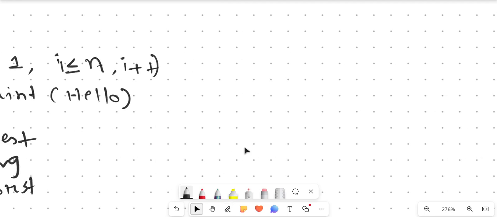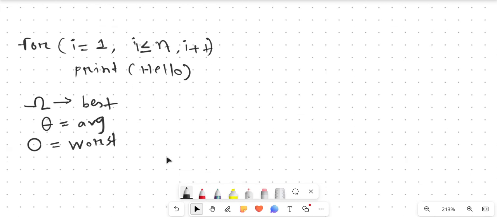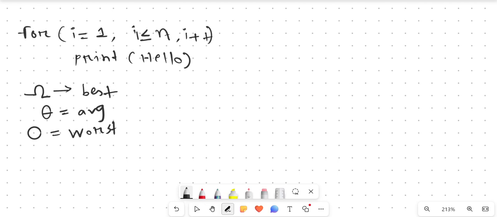So in order to solve the algorithm's exact cost, I am going to write a chart in here. Let's start with a box where I write my number of steps.